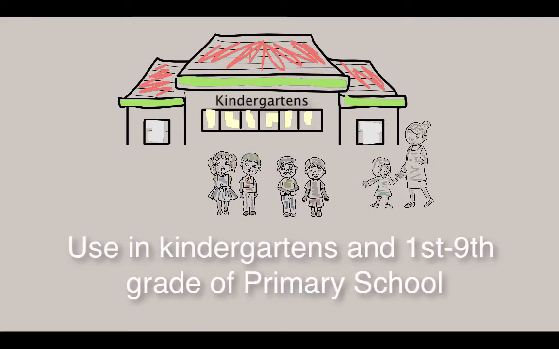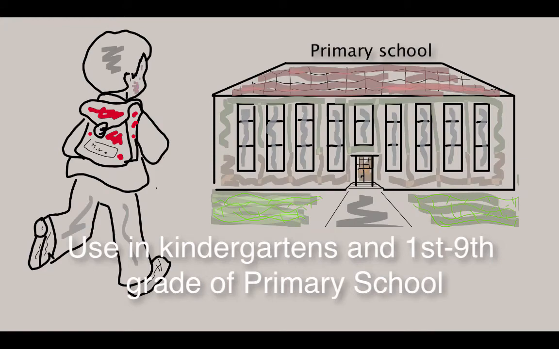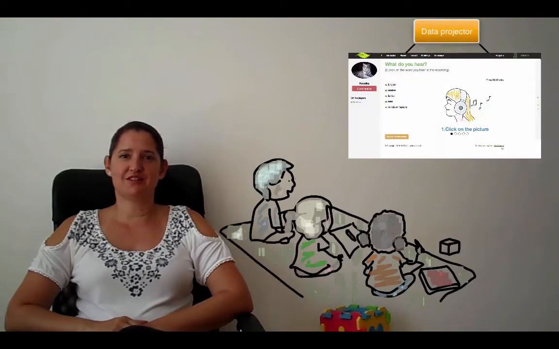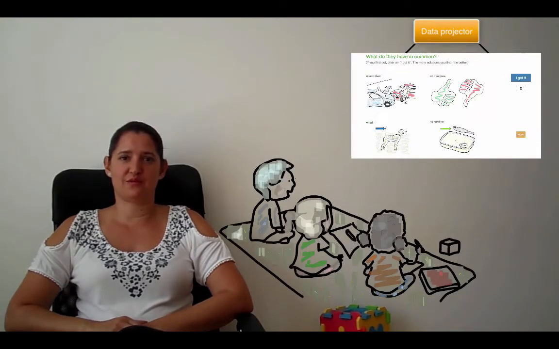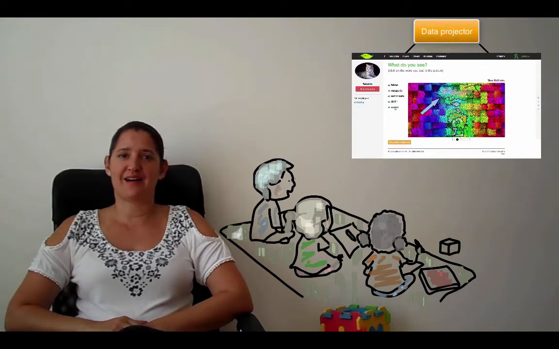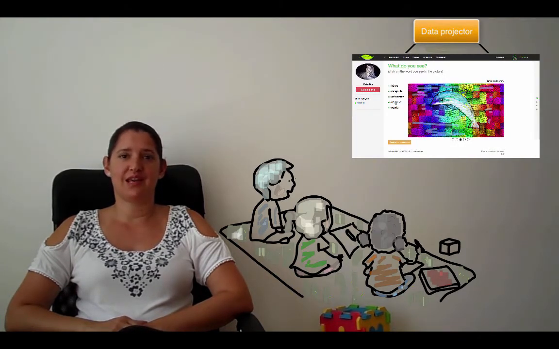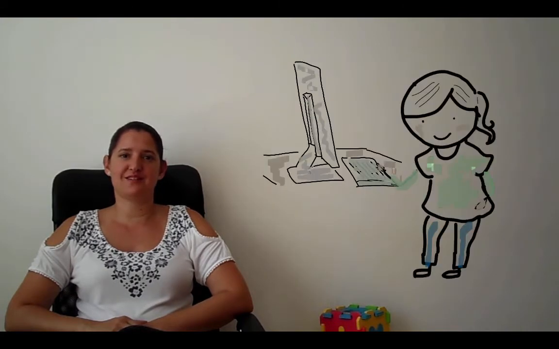Use in kindergartens and in 1st to 9th grade of primary school. They mainly use warm-up in the kindergarten. Since there are recordings and pictures in the warm-up, children who cannot read or write are able to do it too. In the game itself, instead of children, the teacher writes.